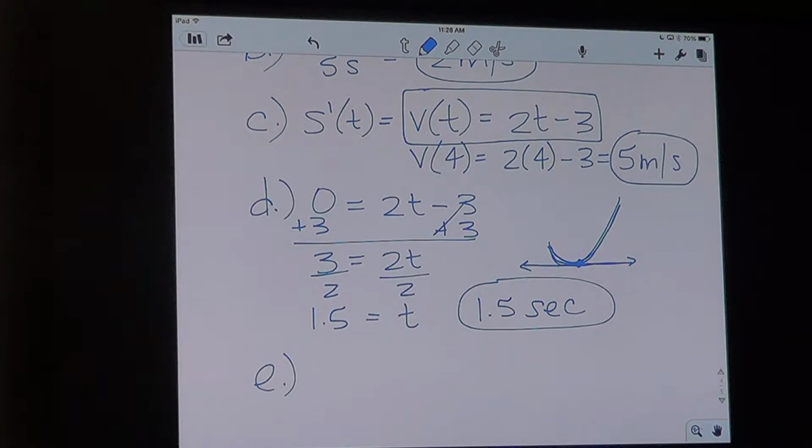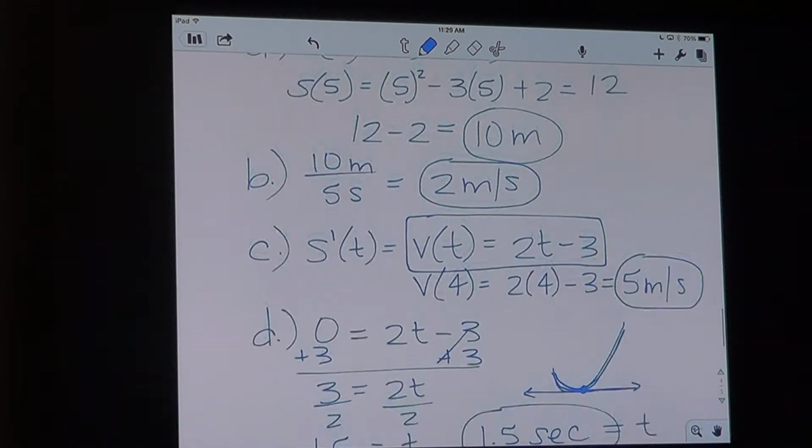And so we just figured out the time. This was the time at the lowest point, right? So we need to figure out what S is. So we just plug that back in. Plug that into which one? The original. Right. So we're finding S at 3/2 or 1.5.